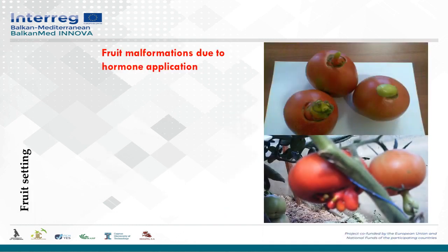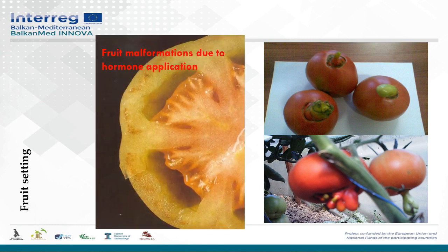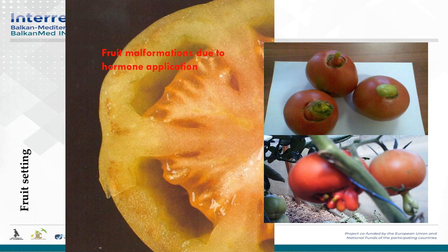Very commonly we might find deformations or malformations of the tomato fruits, which are set through the application of these artificial hormones, like you see here in these pictures. But the most common malformation or disorder is of course the hollowness inside the fruit, and you can see here that we do not have seeds, and because of that also the placenta is not developed in these cavities of the fruit, and they remain empty.